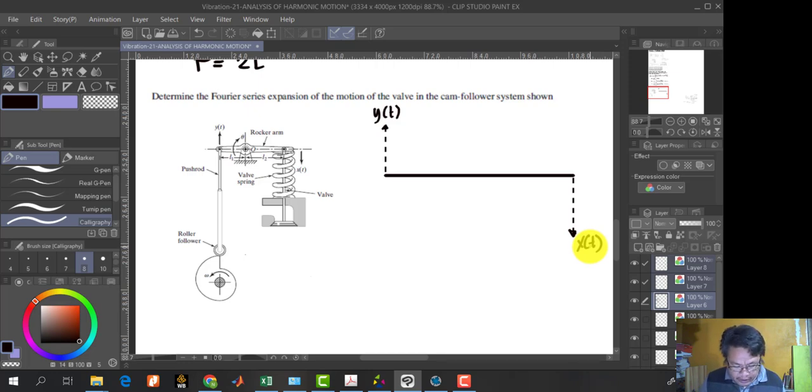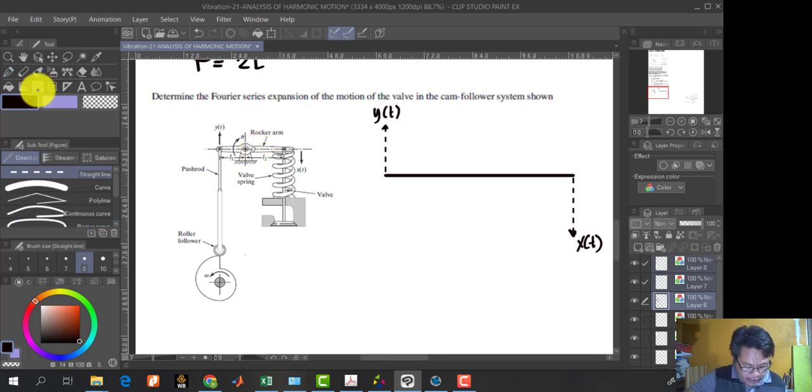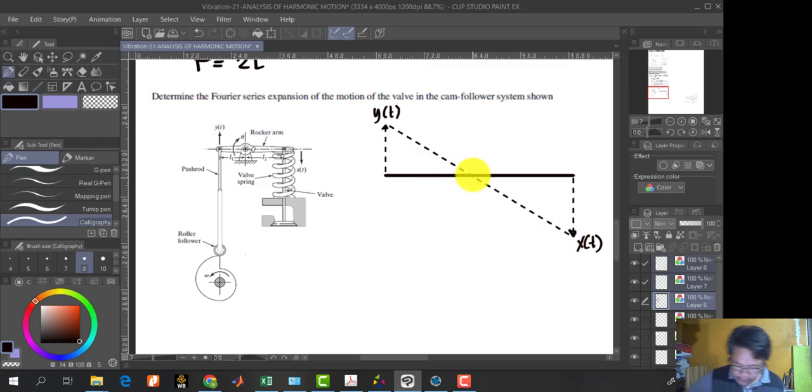Then, I have my distances L1 and L2. Let me again draw a line to represent that allocation, so this one will connect. Also, in the center, we have the pivot, which represents the rotation.